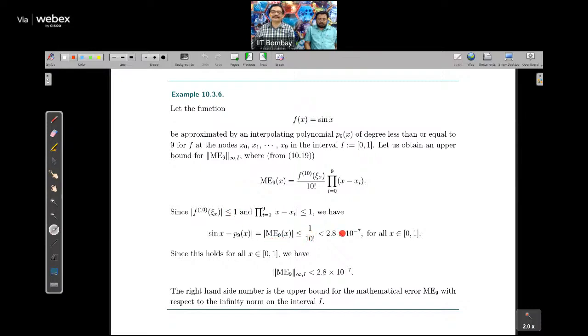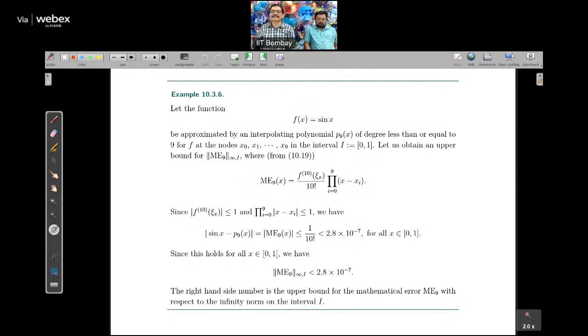You put that in, and you don't know what sine minus P9 of x is, but still you can say that whatever this number may be, it cannot be more than this bound. It's pretty small. So P9 is approximating the sine function pretty well. That's what we could infer from this analysis.